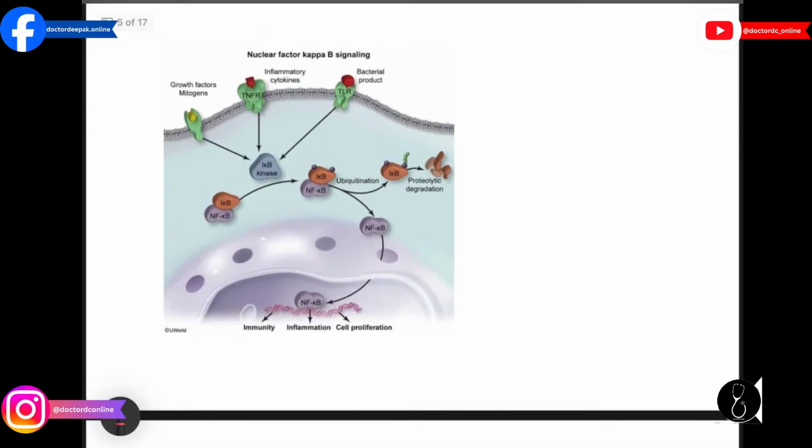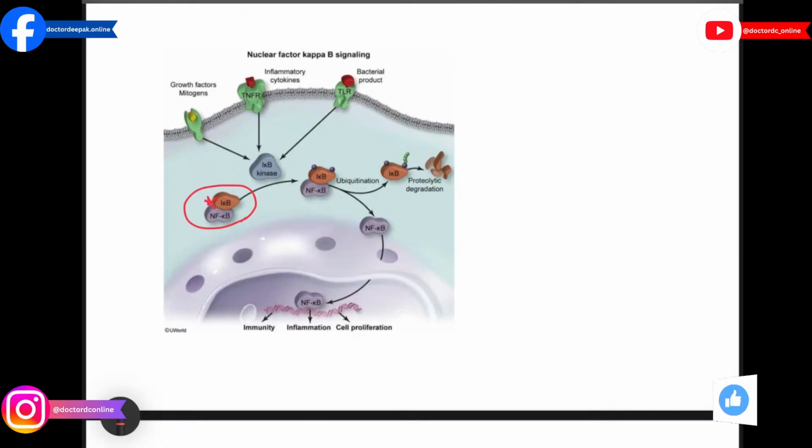So let me tell you the mechanism. Nuclear factor kappa B is an inactive compound, part of the transcription factors that perform a critical role in immune response to infection and inflammation. In inflammatory cells, nuclear factor kappa B is in a latent inactive state bound to the inhibitor protein IKB.